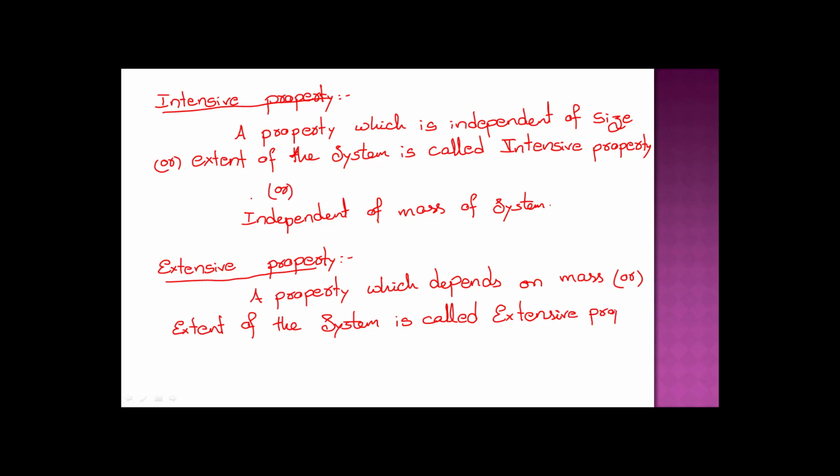So a property which is dependent on the mass or extent of the system can be called an extensive property. Now let us see which are intensive properties and which are extensive properties by taking a small example. Let me consider there is a vessel like this in which a certain amount of gas is present.